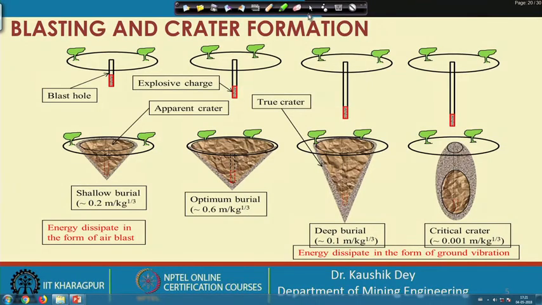So, crater is basically the energy utilization of the shock energy. How much shock energy is generated by the explosive may be something, but how much of that generated energy is transferred to the rock for its meaningful fragmentation is very important, and that idea can be obtained from the crater blasting.